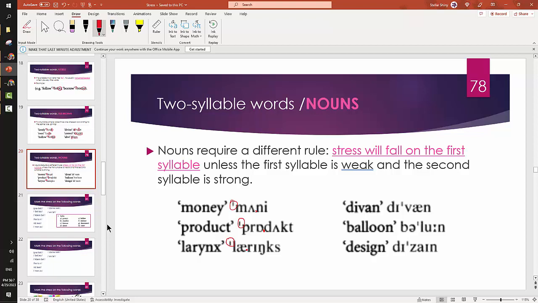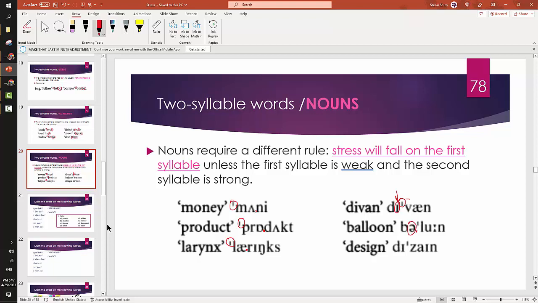Divan. Divan. As a general rule, we put the stress on the first syllable, but the first syllable has the short E sound. We cannot stress it, it's a weak syllable. So we put the stress on the second syllable, like divan. Balloon.